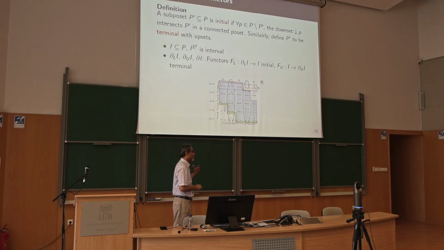That functor is initial because its domain is initial. One has to prove that this lower fence is initial according to this definition, but we could prove it. Or that the upper fence is terminal according to the definition. Once you have that, we have these two functors, one by inclusion, one by projection, and you get initial and terminal functors.